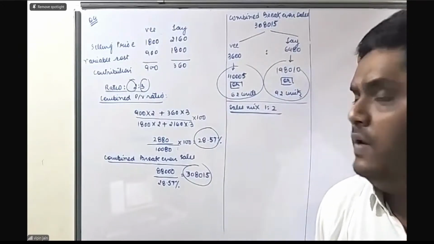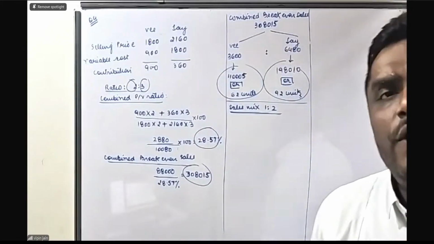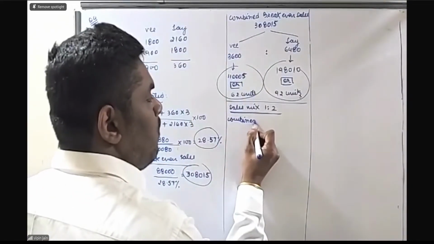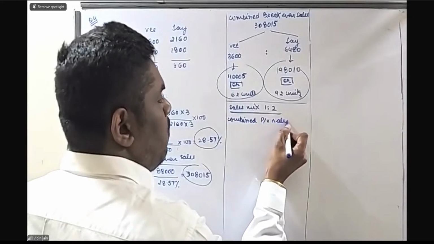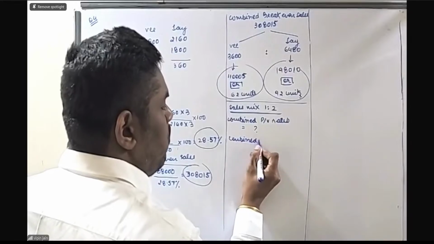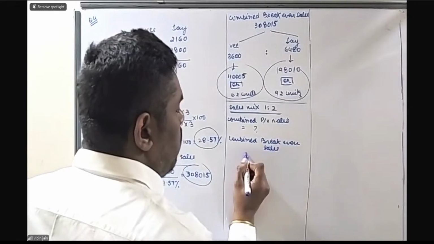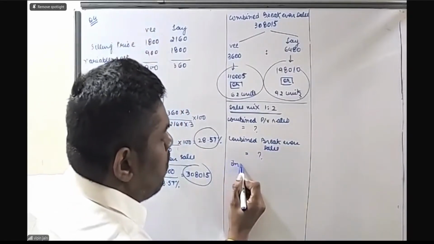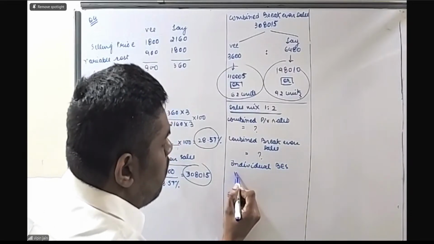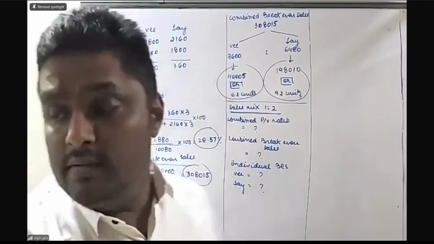What will be the PV ratio and combined break-even sales and individual break-even sales for V and J?